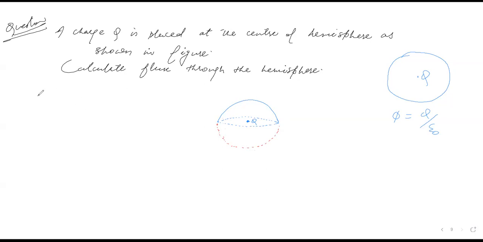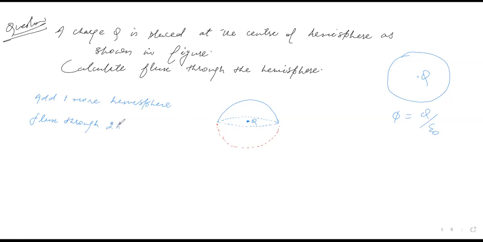First of all, we have added here one more hemisphere. Then we can write here the flux through. Now how many hemispheres are available right now? There are two hemispheres right now.